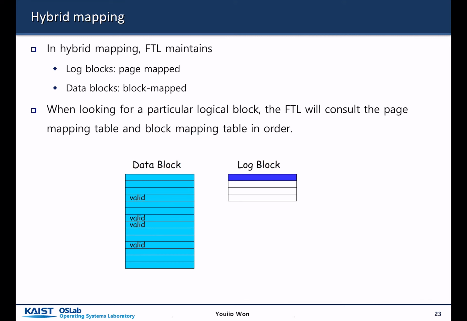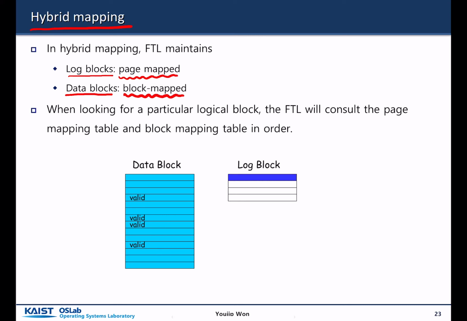There comes a brilliant idea called hybrid mapping. In hybrid mapping, the FTL partitions a set of physical blocks into two: log blocks and data blocks. Log blocks are page mapped, and data blocks are block mapped.